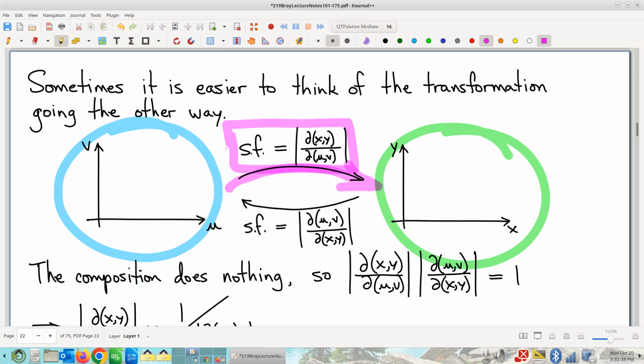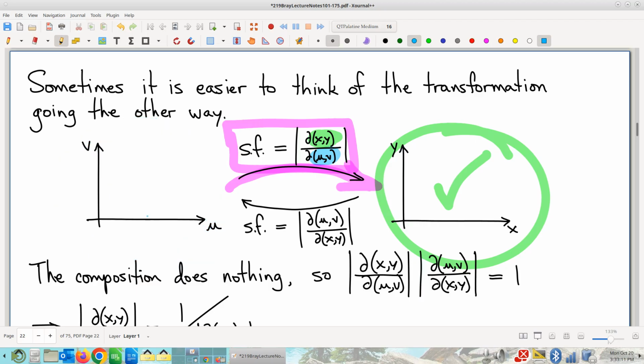So why is it x and y, and why is it u and v, and how will you keep that straight? The answer is, you're always going to take the partials of the output variables with respect to the input variables. No matter what the letters are called, no matter which direction the arrow goes, it's always the partials of the outputs with respect to the inputs.